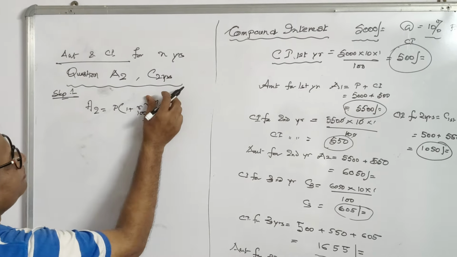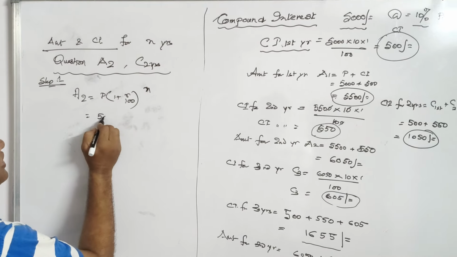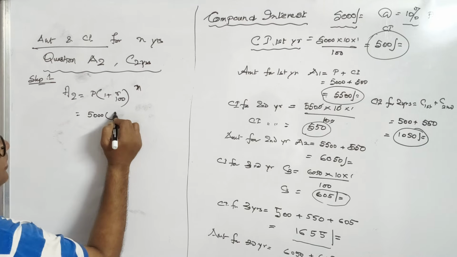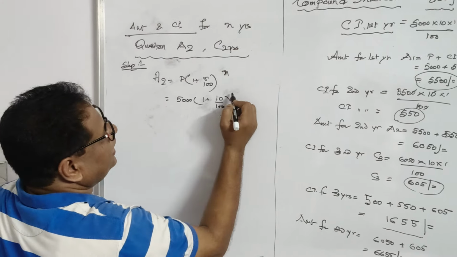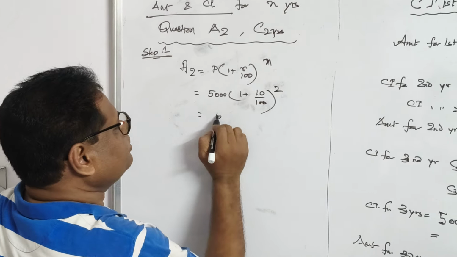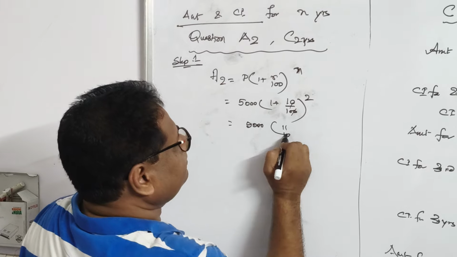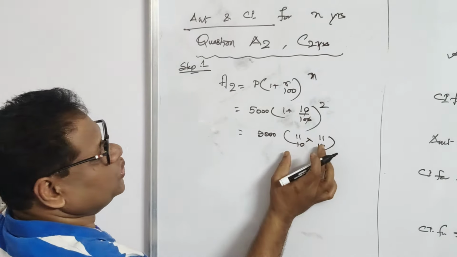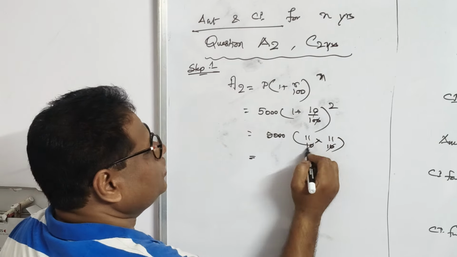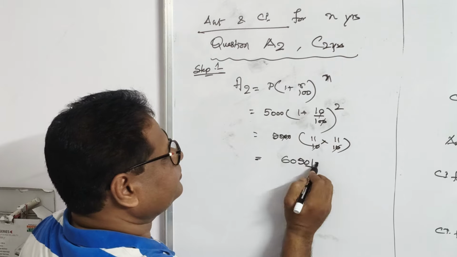power 2. Okay. So taking the principal 5000, rate of interest 10% and time 2 years. So it comes to 5000 into 11 by 10 into 11 by 10 because the power is raised to 2. So this comes to 6050, right?